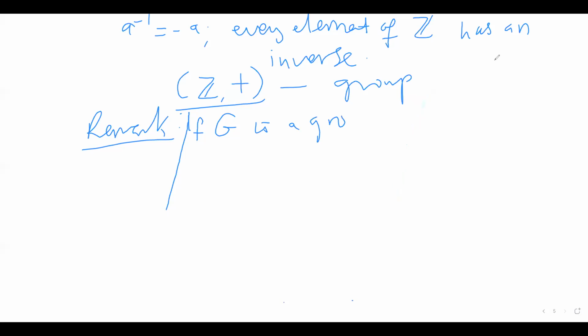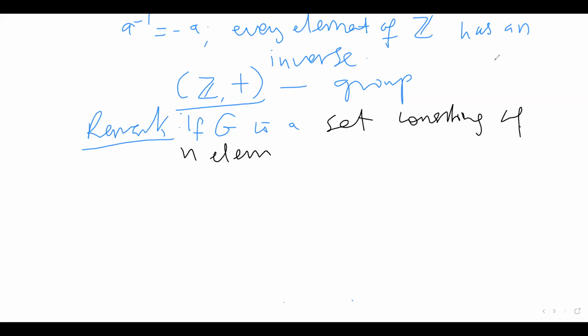All right. So a little remark is that if we have a group, and G is a set in a group, and this set is a finite set that consists of n elements. Sorry, G is a set consisting of n elements.